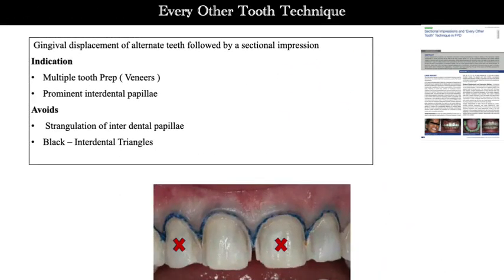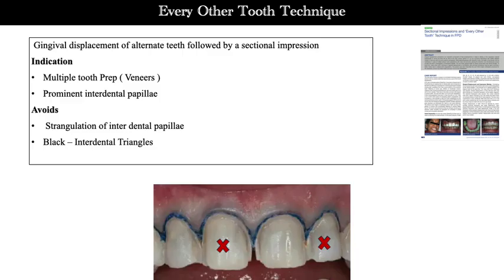Now, the every other tooth technique is usually indicated for multiple tooth preparations such as veneers. Here, I could not get the exact picture for the every other tooth technique. What I mean from the picture is that whichever teeth have been marked, consider only those teeth: we put the gingival retraction cord, take an impression, and then the alternate teeth which were not previously displaced get the gingival retraction cord.